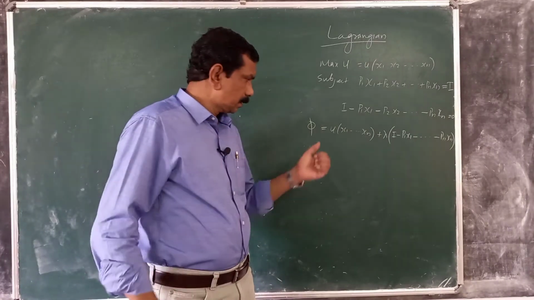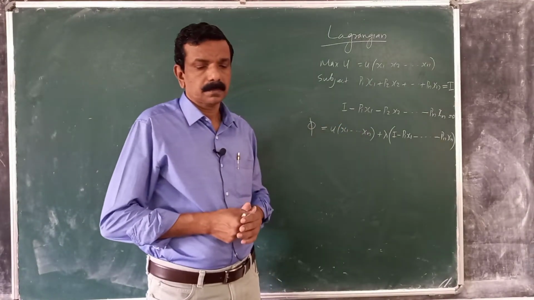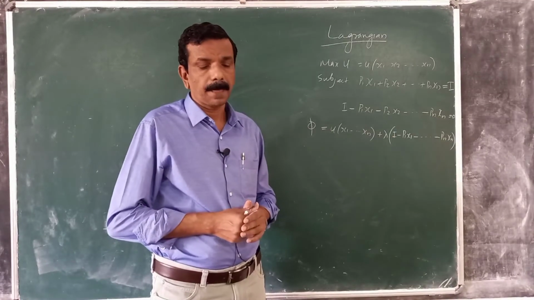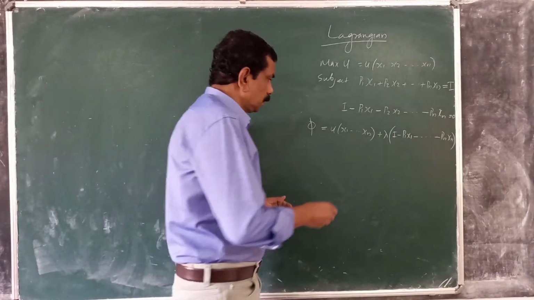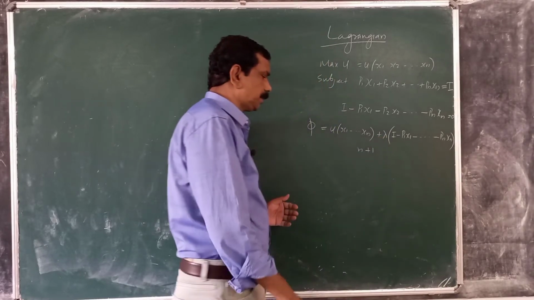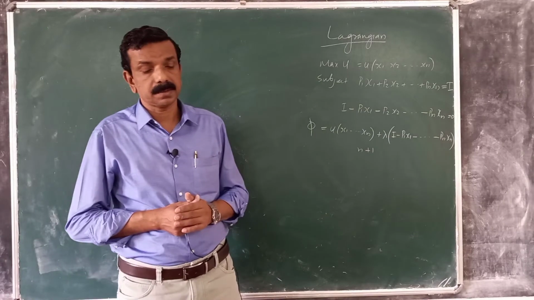Now we differentiate phi with respect to x1, x2, etc., xn and lambda, and equate it to 0. We will obtain a total of n plus 1 equations.